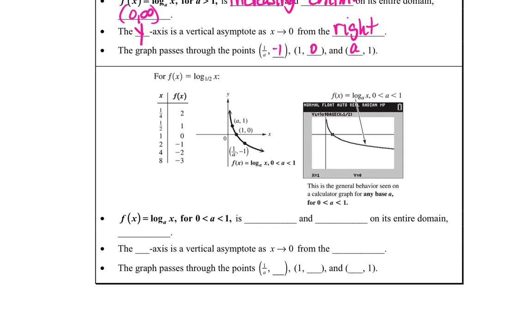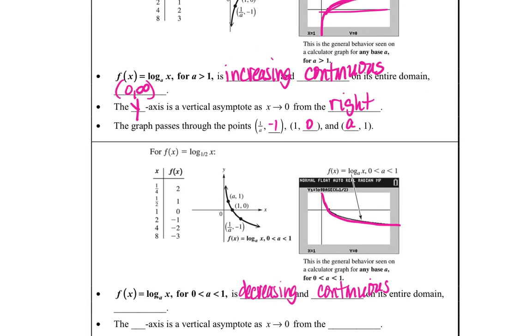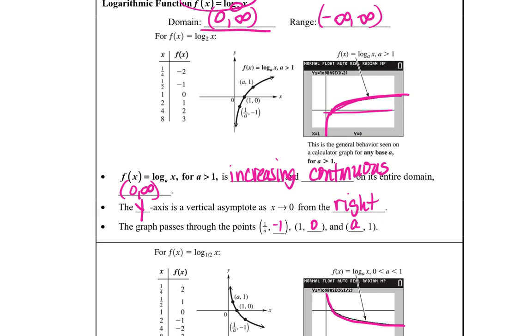Now, if your a is between 0 and 1, it's decreasing and continuous. And again, you'll see that the domain is still only positive x values, but your y values are still going to be anything.